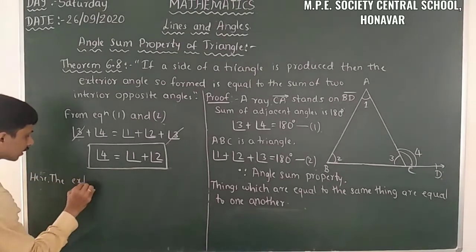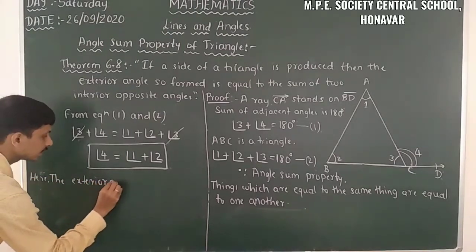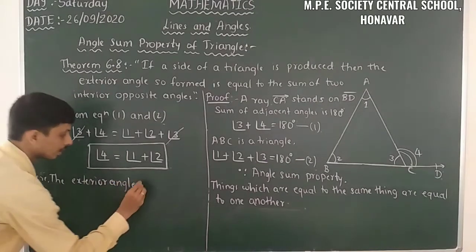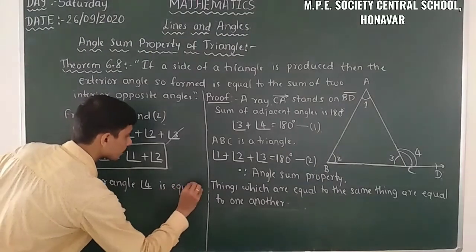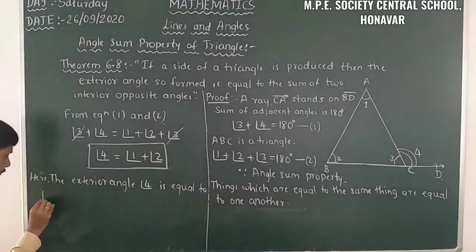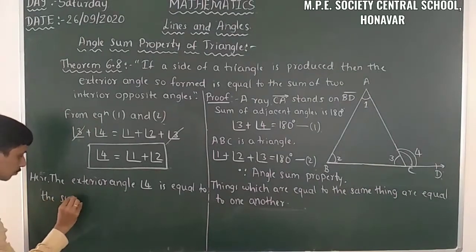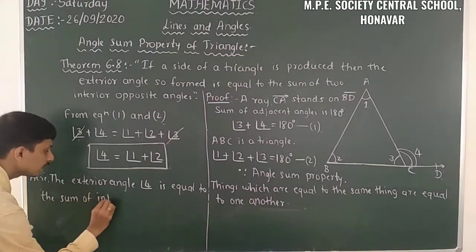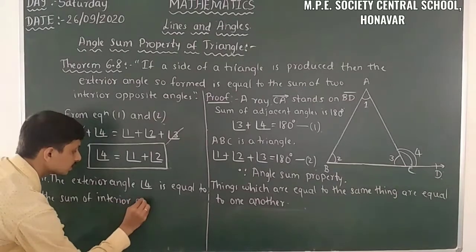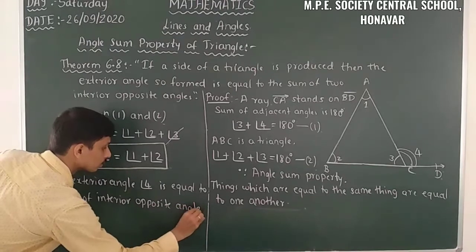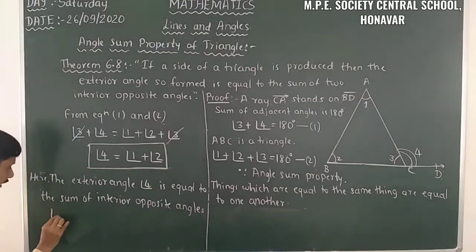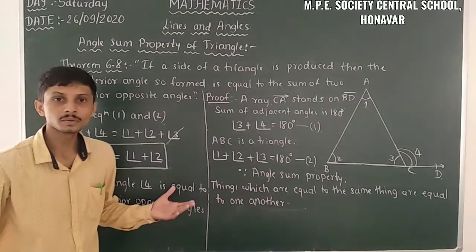Here the exterior angle 4 is equal to the sum of interior opposite angles, angle 1 and angle 2. So this is our required proof.